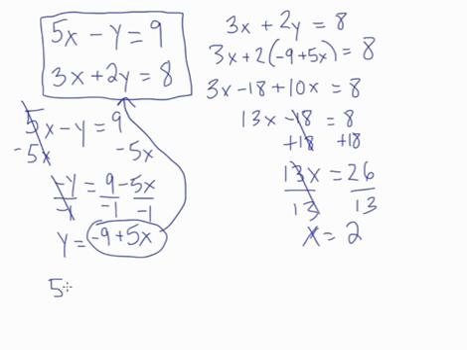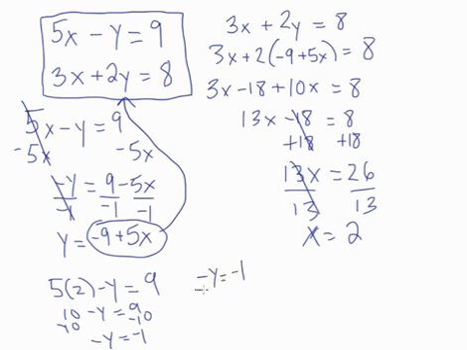We have 5 times 2 minus y equals 9. 10 minus y equals 9. Minus 10, minus 10. Negative y equals negative 1. Divide them both by negative 1 to get positive y, and we find out that y equals 1. So our solution is 2, 1.